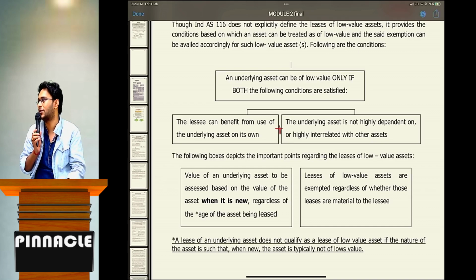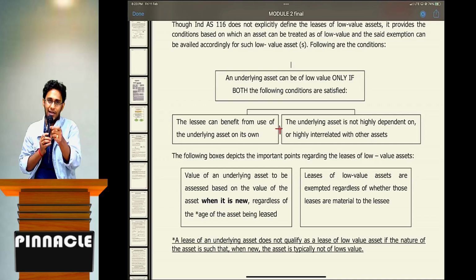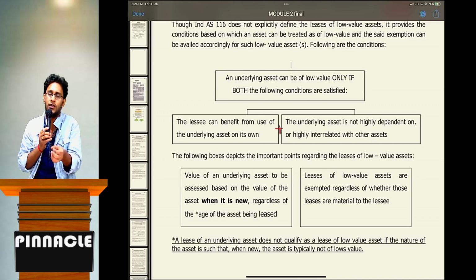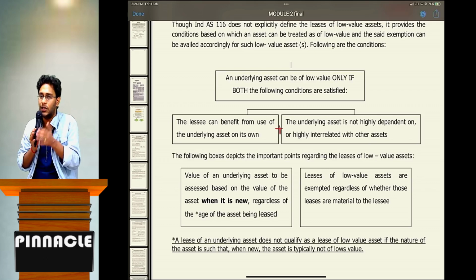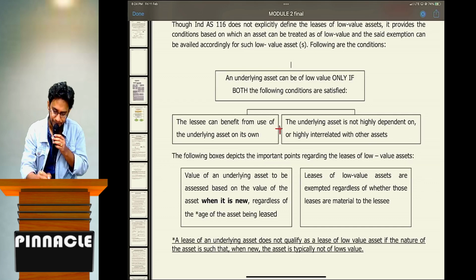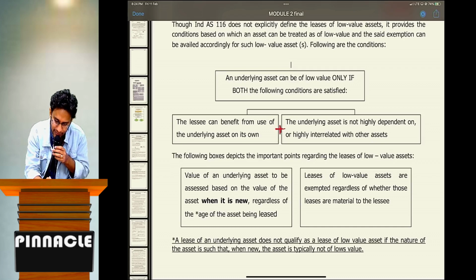You cannot throw that into the P&L account, because even though the leased tires have nominal value, they are not capable of giving any benefit to you on their own. They will give you benefit only when you join them with some other asset. So this accounting has to be clubbed with the car accounting, sir. That's why this exemption cannot be claimed.